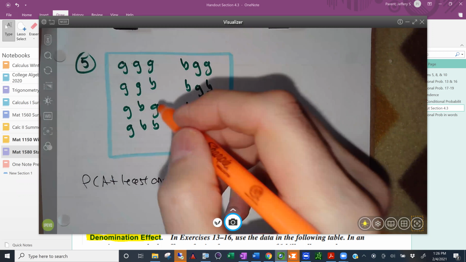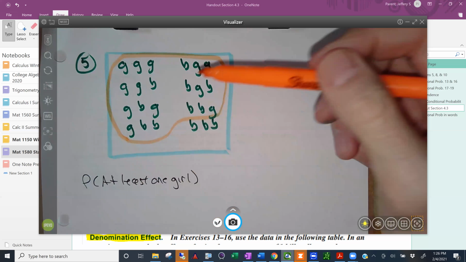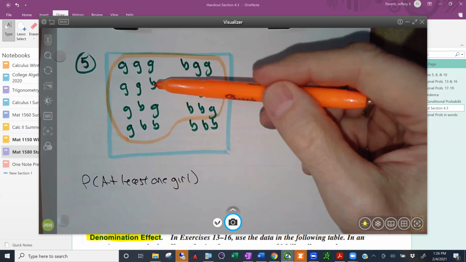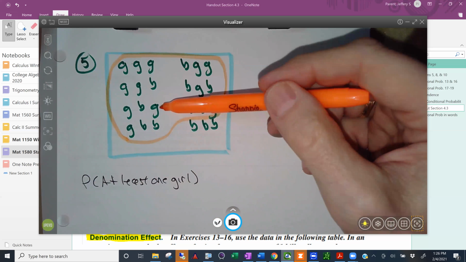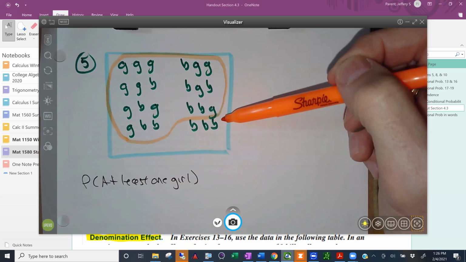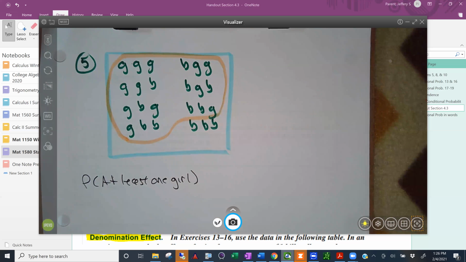It'd be all of these. So to find the probability of at least one girl, you'd have to find the probability of all girls, 2 girls and 1 boy, boy, girl, etc. You'd have to do 7 calculations. That feels like a lot. So start thinking about the complementation rule. If you use the complementation rule, probability of at least one girl is going to be 1 minus the probability of all boys.